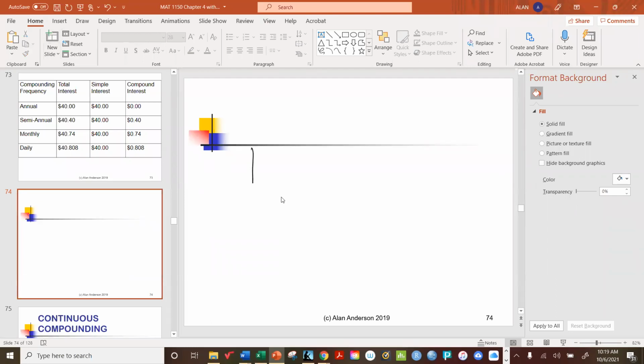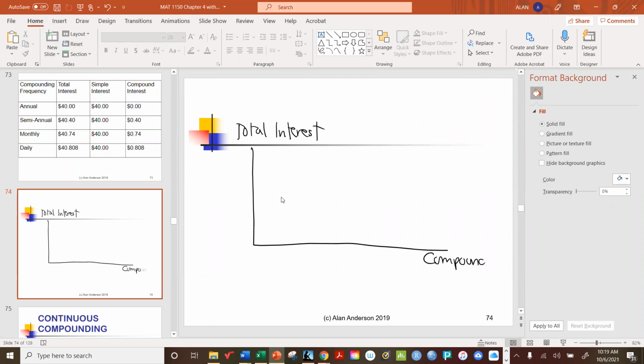So in fact, if you put all those into Excel and calculated your total interest compared with your compounding frequency, you notice it does something like this.